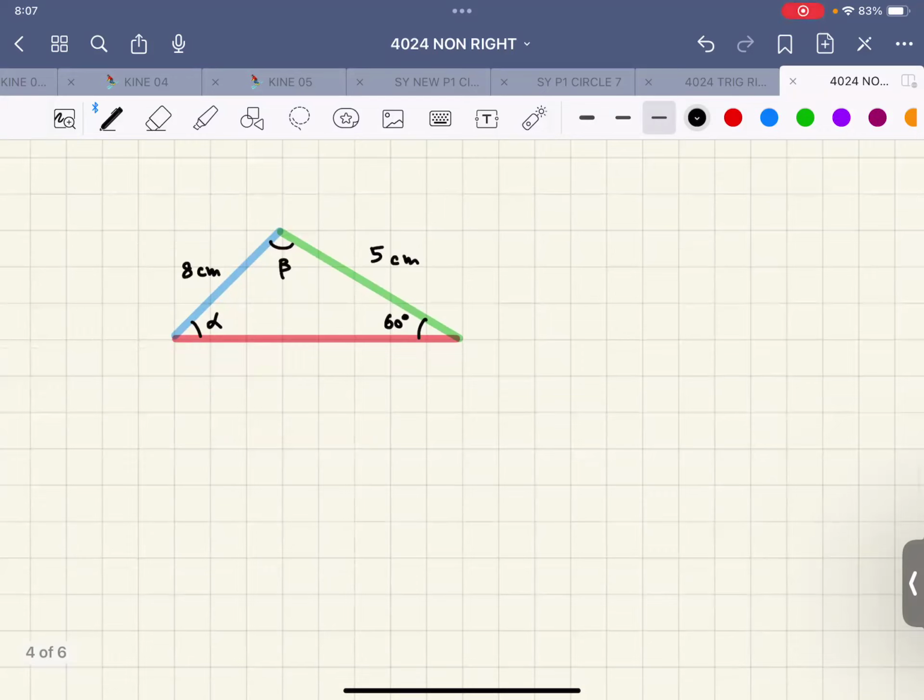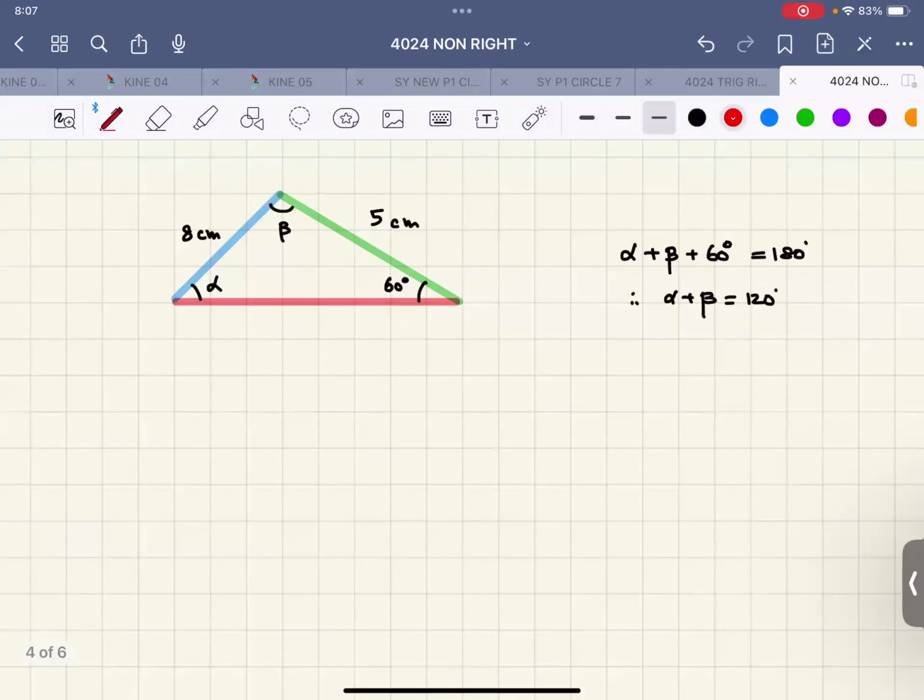First of all, I know that alpha plus beta plus 60 equals 180. Therefore, alpha plus beta is 120 degrees. That's the first thing. Using the sine rule, I can relate 5 and alpha. I can relate 60 and 8. That means if the objective is to find beta, I cannot find it directly.